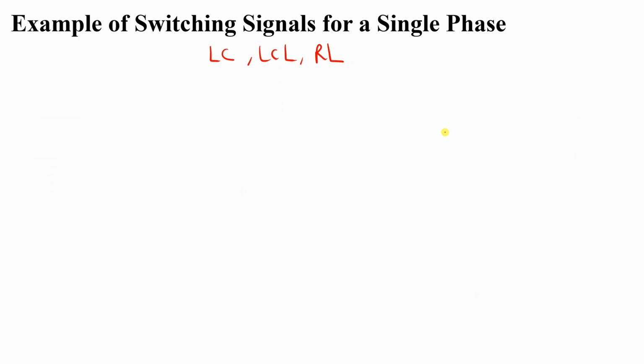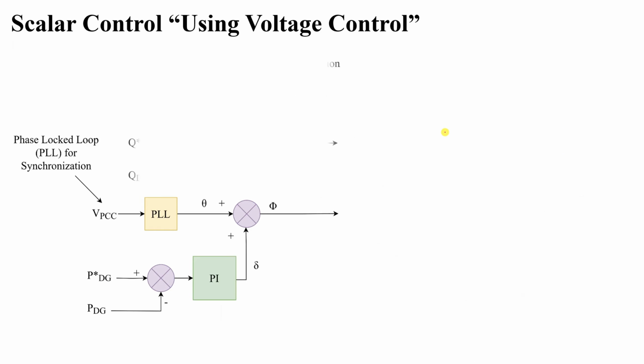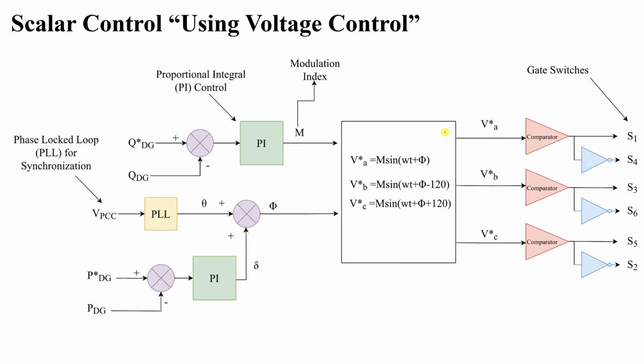So I hope you now understand. If we go all the way back here, after taking VA, VB, VC, which are our three-phase sine waves shifted by 120 degrees, we can use a comparator. By comparing, we will have the switching signals, and S1 and S4 will be complementary. When this one is on, that one will be off, and so on.